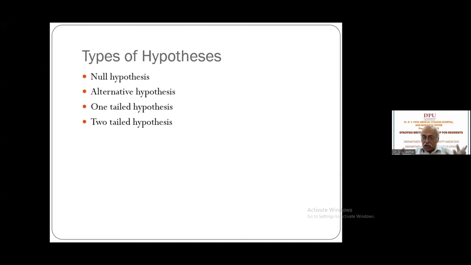But when I start the study, I have to say that there is no association between vitamin D and severe COVID. And then I can take a group of patients who have got normal vitamin D level, and the control group is people who have low vitamin D level. And then I see the outcome in the severity of COVID.